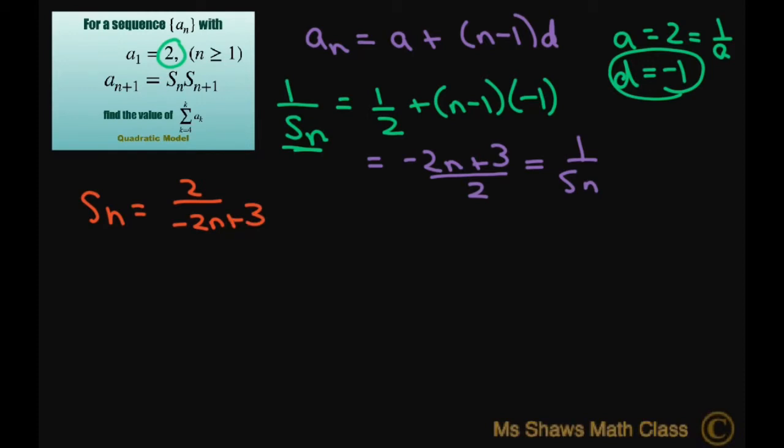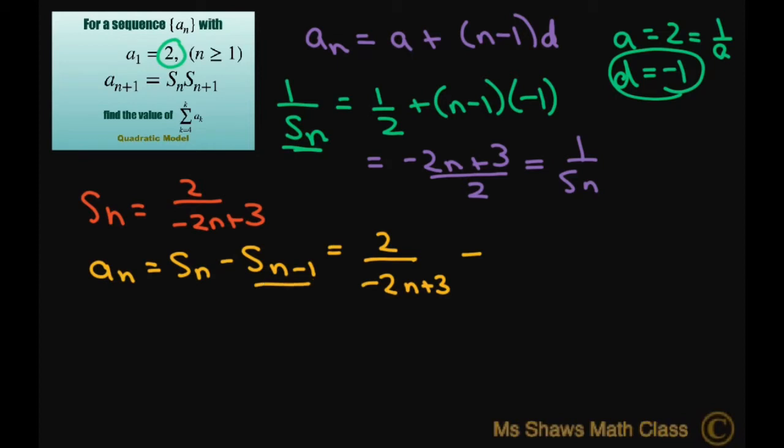All right, so now we have what we had before. We have a sub n equals s sub n minus s sub n minus 1. So let's substitute all that in. This is going to be 2 divided by negative 2n plus 3, and then we subtract this one, where everywhere there's an n you put n minus 1.